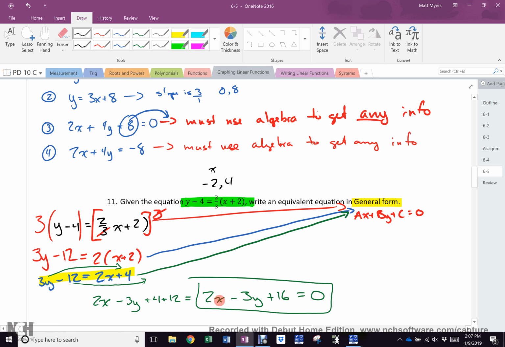So that would be -4, yes? Minus, that's a y. What's 3 times 4? What is -4 minus 12? -16. Plus 16 equals 0. So we know we did it right.